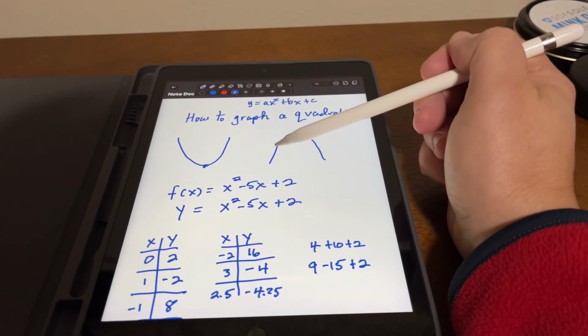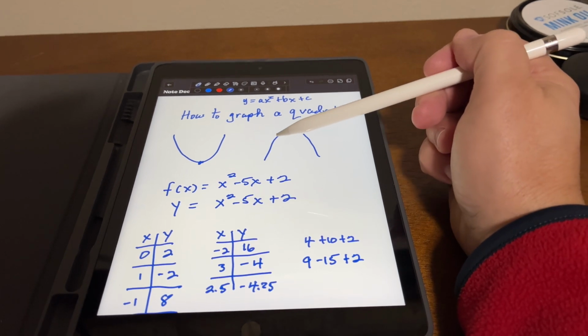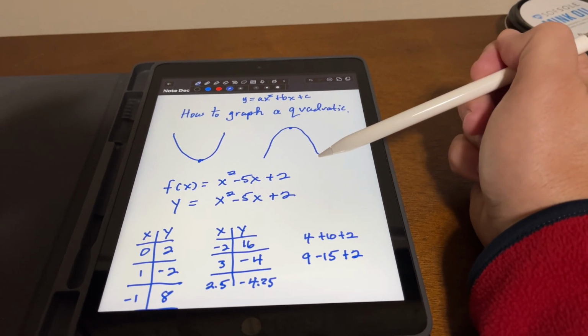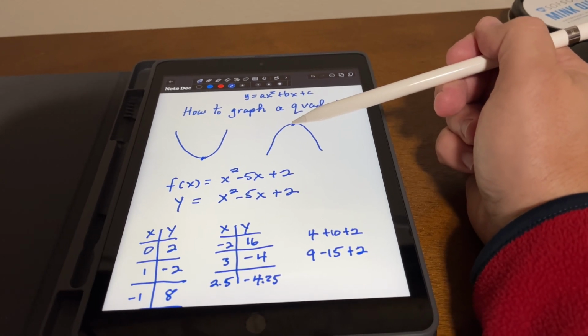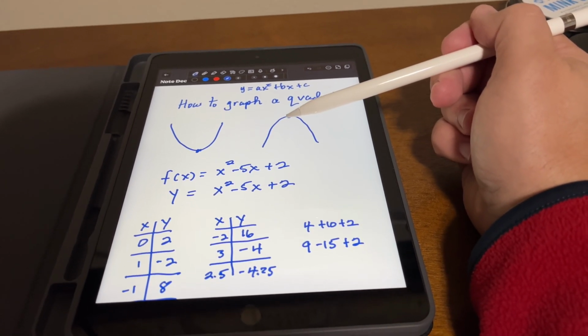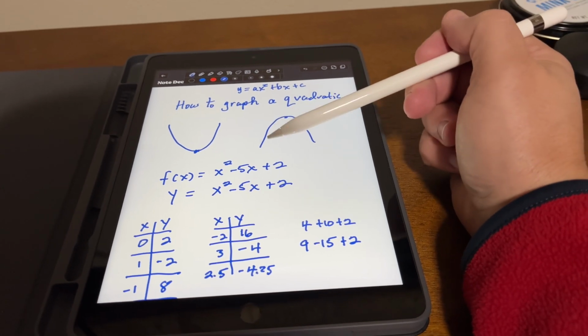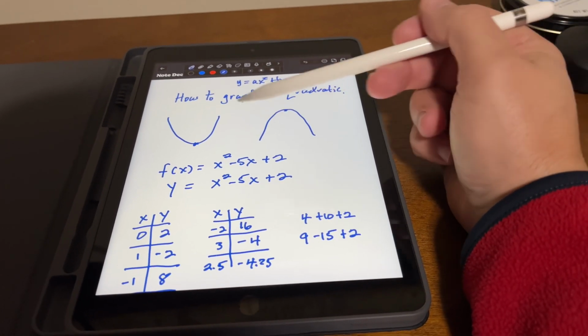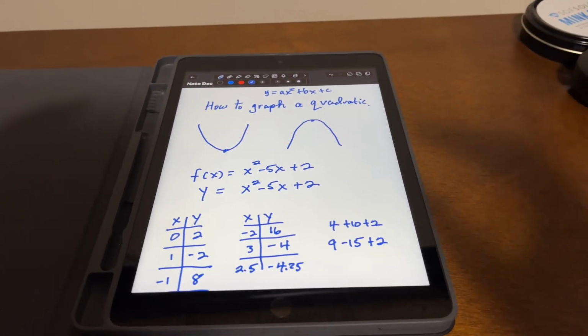Most quadratics in the real world, because of gravity, go this way. So anything launched into the air comes back to the ground and reaches the highest point here, whether you're throwing a baseball or launching artillery or something like that. So it has what we call a parabolic shape. So graphing a quadratic is graphing a parabola. That's what we've been doing here.